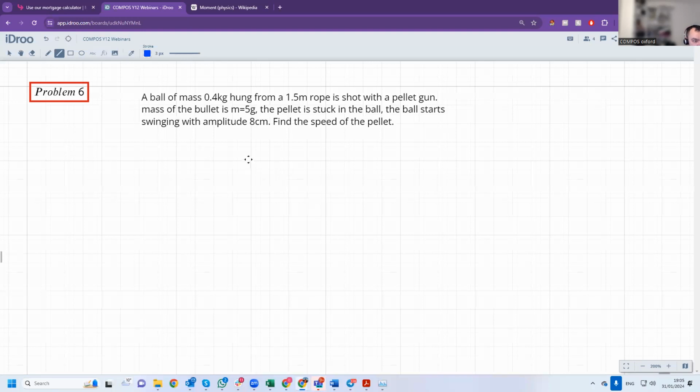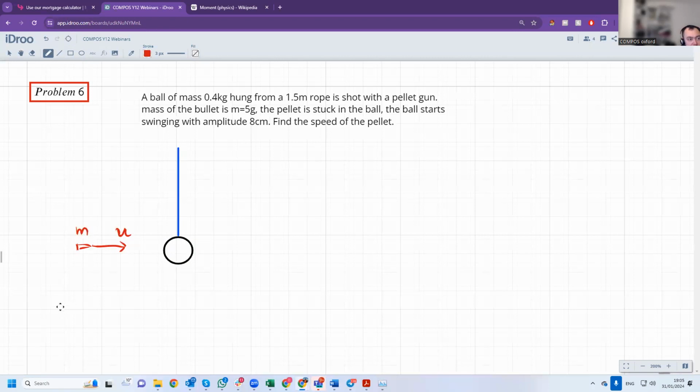So what happens is you have a pendulum, and a pellet from a pellet gun is traveling at velocity, let's call it u.